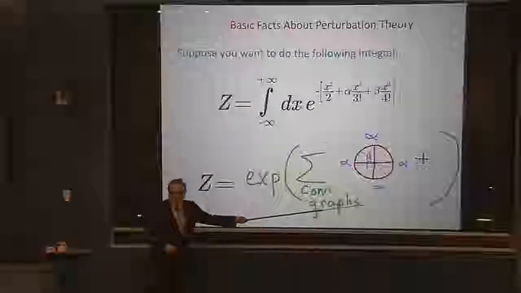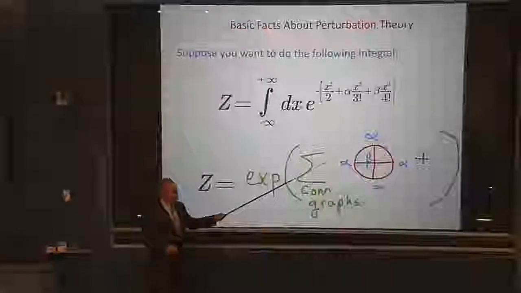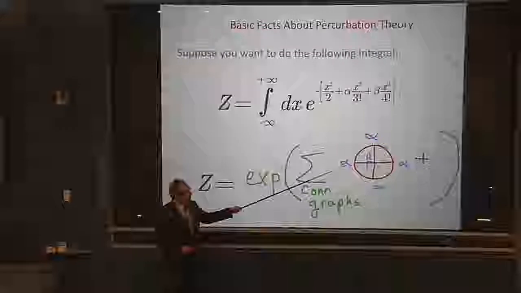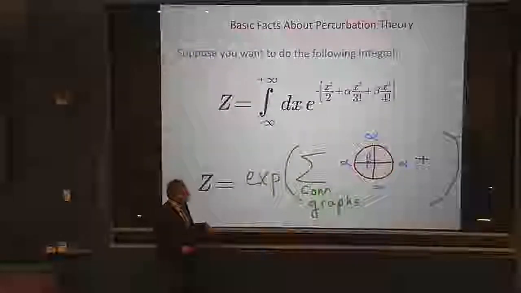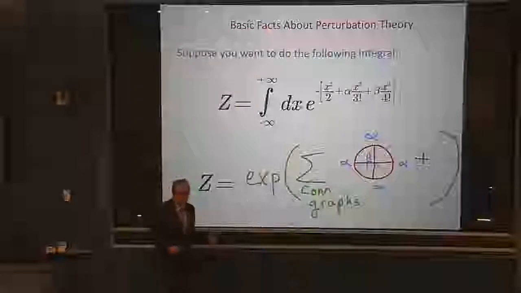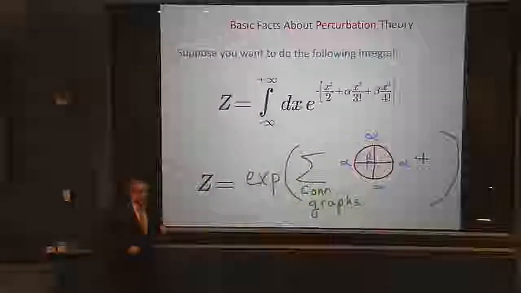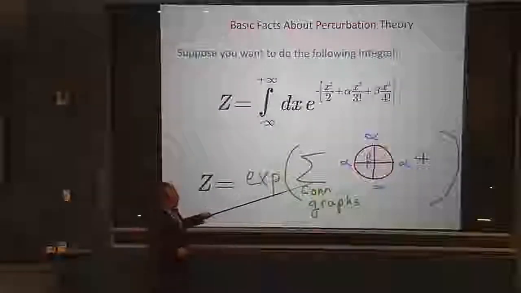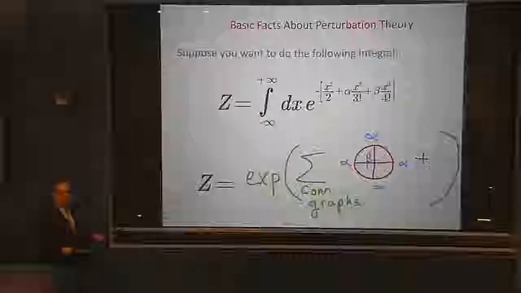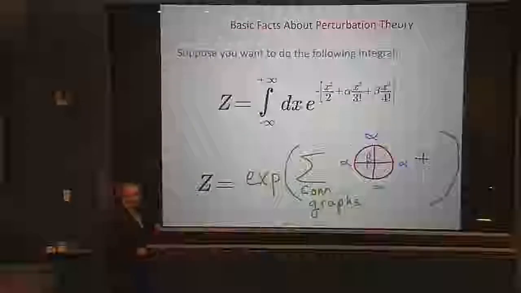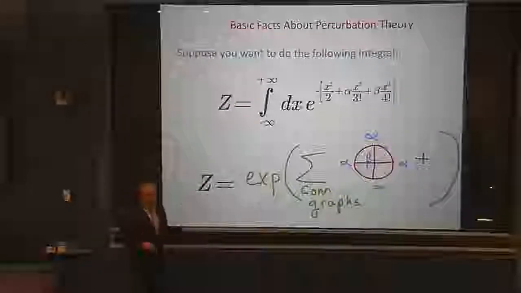You consider all such graphs with certain combinatorial factors, namely, for each graph, you put a factor of alpha and beta depending on whether you have a cubic or a quartic vertex, and some combinatorial factor having to do with the symmetry of your diagrams. You sum all the connected graphs, exponentiate it, and this gives you a perturbation series for Z. So this is a graphical representation of this in perturbation theory.